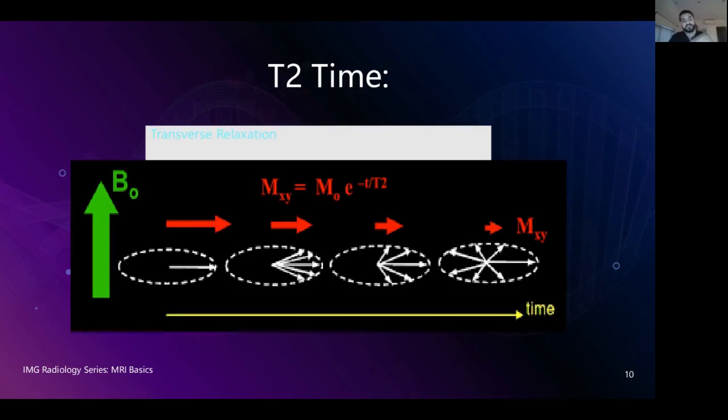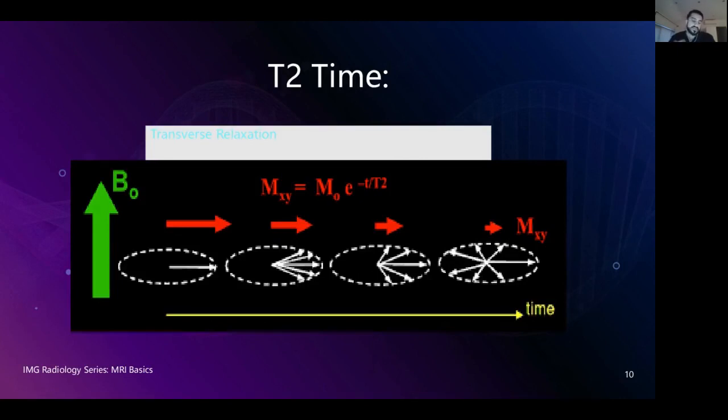And going back to the beginning when we talked about exposing hydrogen ions to an external magnetic field and a radio frequency pulse, they align in a particular fashion and they precess, which means they rotate. But over time, they lose that. And what happens is they start to move around rather than being focused in one particular direction. And that's what you can see happening in the white circle as we go across in time.